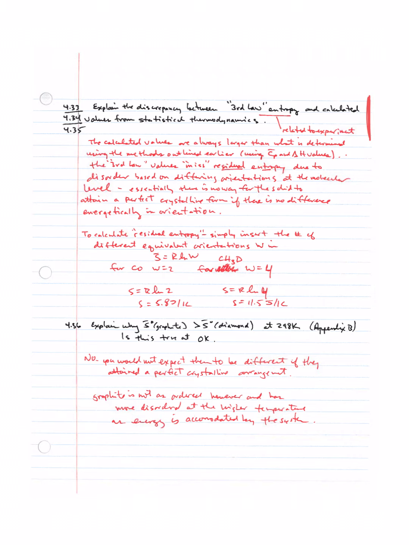If you do it the way that we did it in the book and in my earlier lectures, you actually sometimes miss some entropy due to disorder based on differing orientations at the molecular level. Essentially, there's no way for the solid to attain perfect crystalline form if there's essentially no energetic difference in orientation. They talk about the example of carbon dioxide.